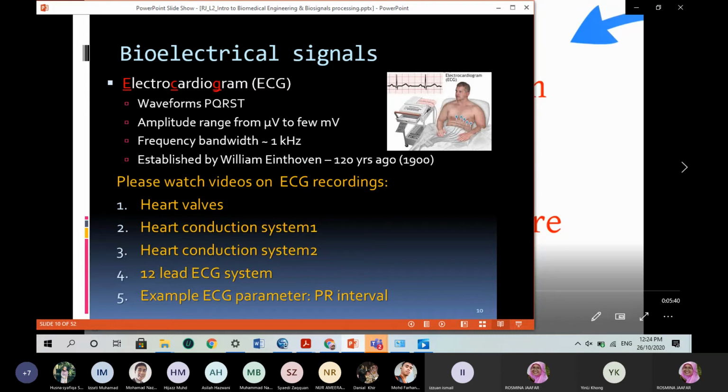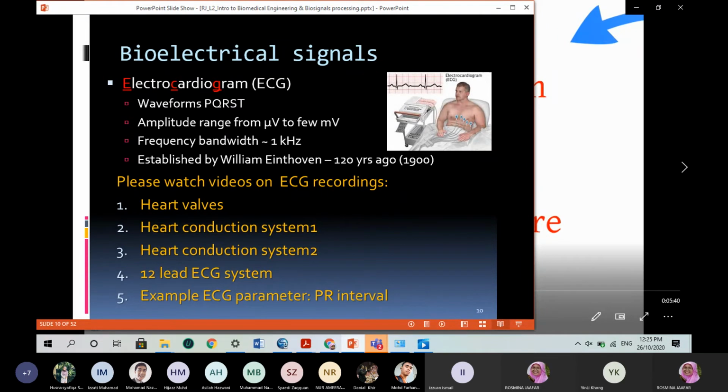PPG signals, as I showed last week, have only recently been clinically accepted, although the PPG signal was discovered by Hertzman. Remember, in the 1930s, if I'm not mistaken, one scientist observed the photoelectric signal, but nothing much was done with it until the late 1990s.